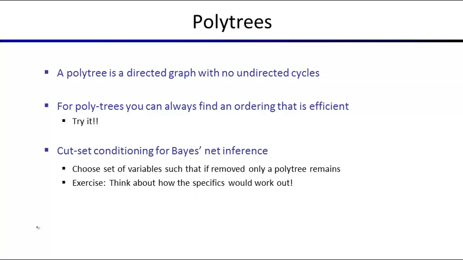One thing that I want to say before we resort to that: remember in CSPs, if you had a tree-structured CSP, you could solve it very efficiently. If you're given a Bayes net that has a tree structure, ignoring the direction of the edges, it's typically called a polytree.